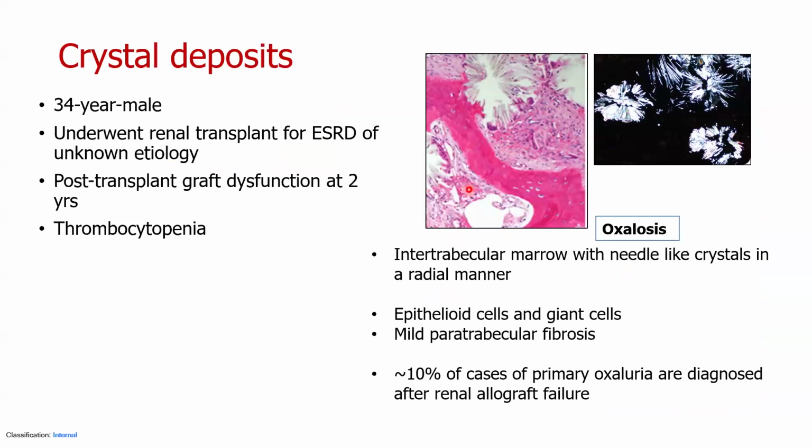This is a case of a male. He underwent transplant for end-stage renal disease, and 2 years later, he had a graft rejection and thrombocytopenia. And the bone marrow biopsy showed deposits of these crystals in a radial manner with an associated foreign body giant cell reaction.